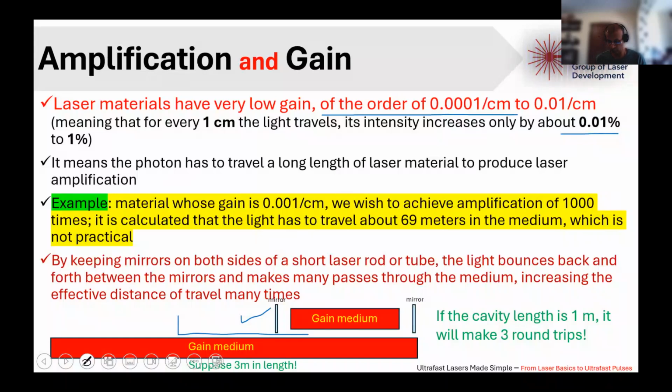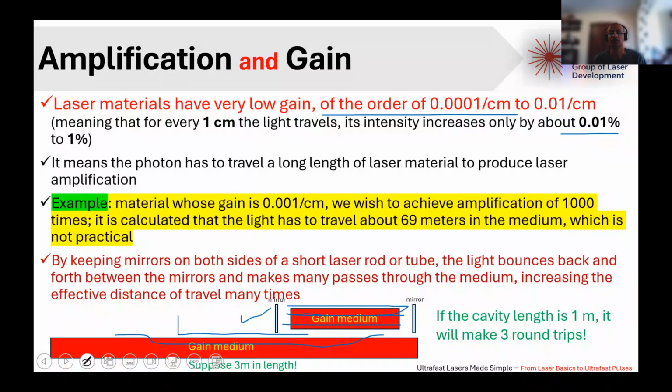If you use the mirrors, then with the to and fro movement, again and again they are passing through the gain medium, so it's amplifying. The other possibility, if the gain medium is very long and the photon is starting from here and multiplying, is not practical actually. So the resonator, the cavity, is an essential part.